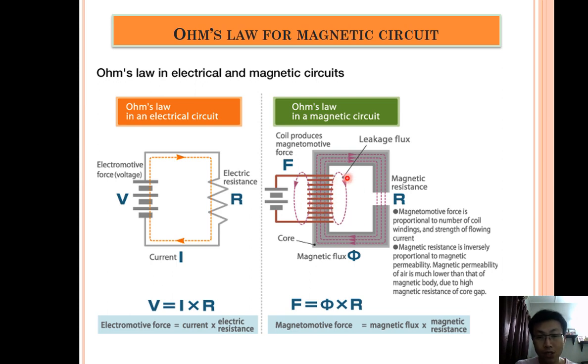So we have a force generated by the magnetomotive force, and then we have a reluctance here. Then we can generate a flux flowing from this side to the end. So F equals phi R. That's why we have Ohm's law in electrical, and Ohm's law for magnetic circuit.